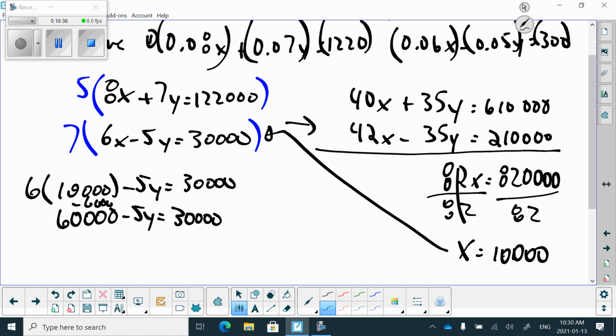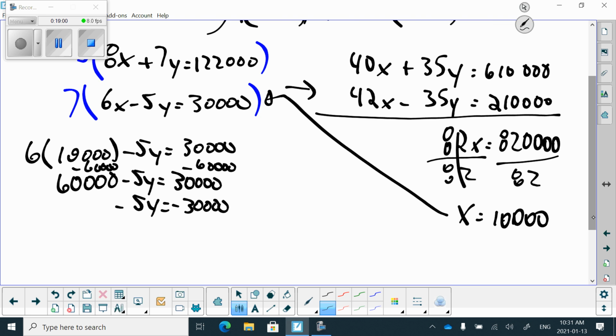Yes. Minus 5y is going to equal negative 30,000. Yep, you got it. And then divide by 5. That's better.